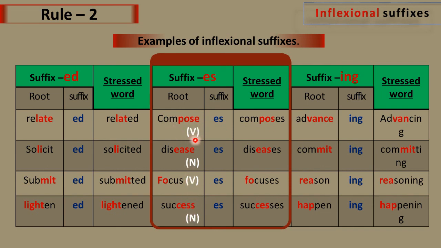This word is a verb, this word is a noun, this word is a verb, and this word is a noun. See here, by adding the suffix -es to the verb form we can form one more verb form. By adding -es, an inflectional suffix, to the noun, we can form another noun. In the same manner the rest of the two also.